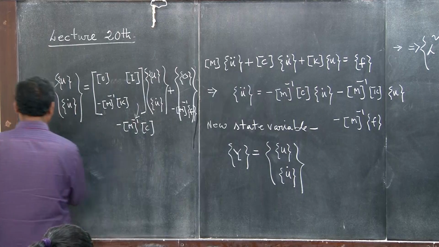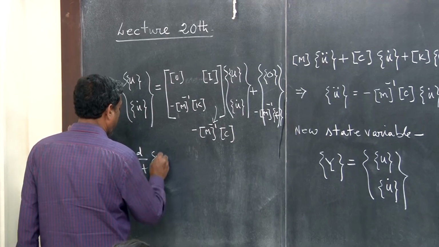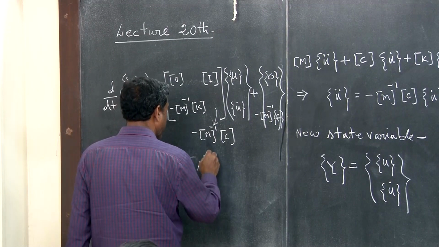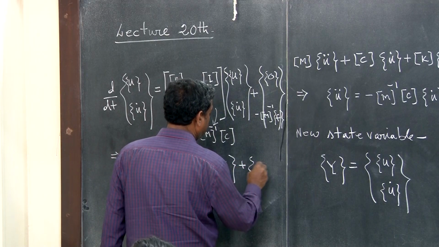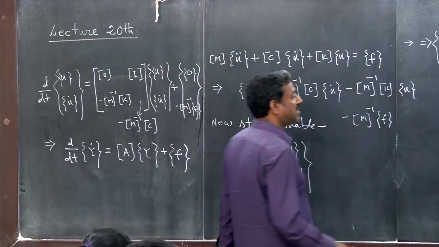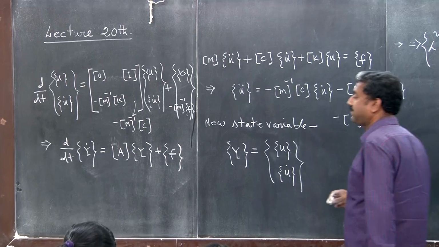So then this is nothing but d/dt of y, y dot is Ay plus F. Now for the time being, as far as this problem is concerned, we don't consider excitation, as it has already been assimilated in the damping term, in aerodynamic damping.